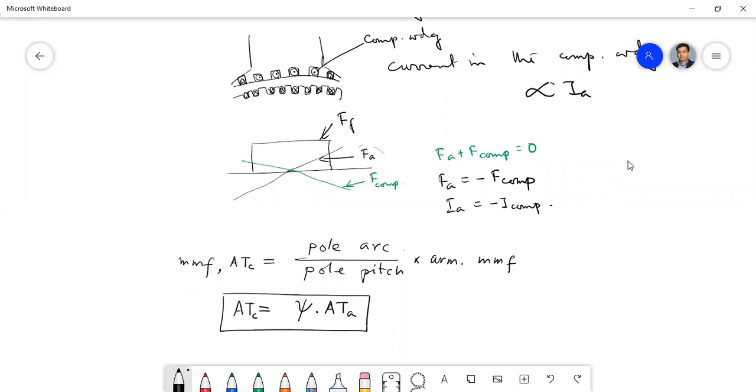So pole arc means, suppose I have a pole like this, another pole I have here, another pole I have here.